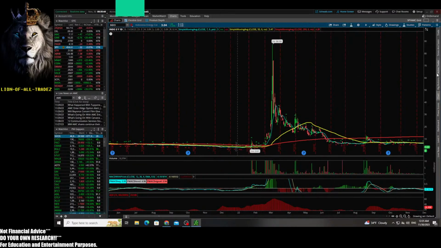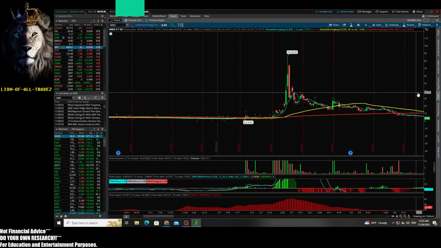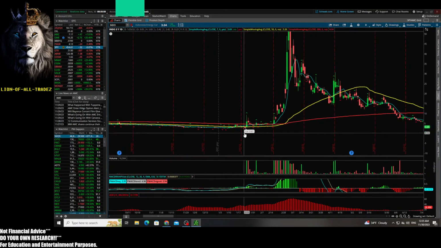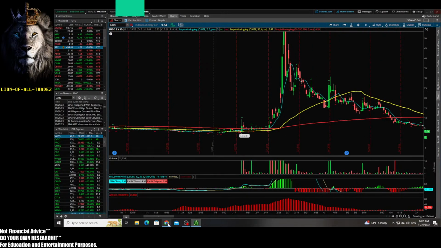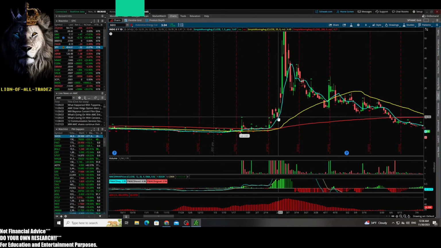Here it is. So this thing was trading at a low of 2.61 back on January 26 of 2022, but around that timeline, that event, you can see from here.